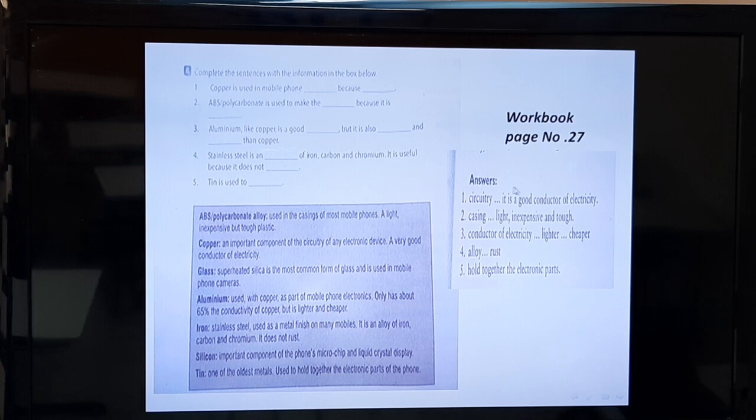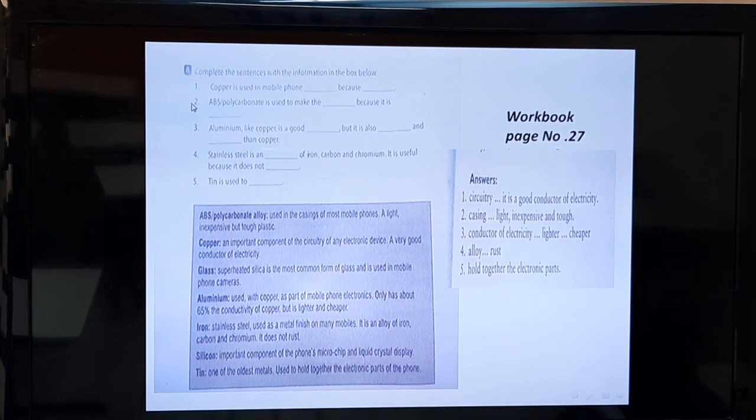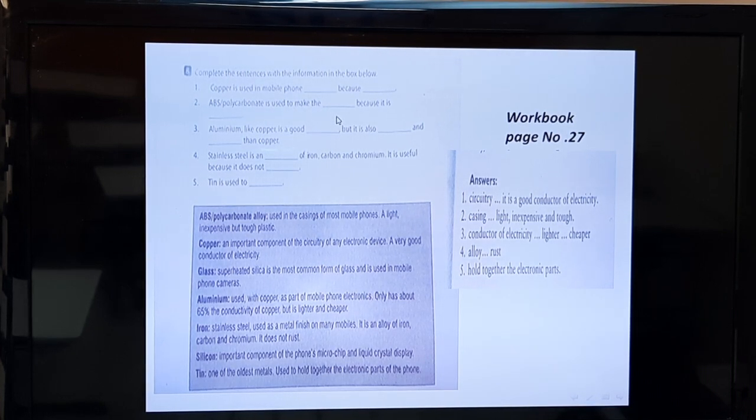Because it is a good conductor. Be careful, this exercise might come as true or false. Number 2, ABS polycarbonate is used to make the casing because it's light, inexpensive, and tough. So be careful with this information.